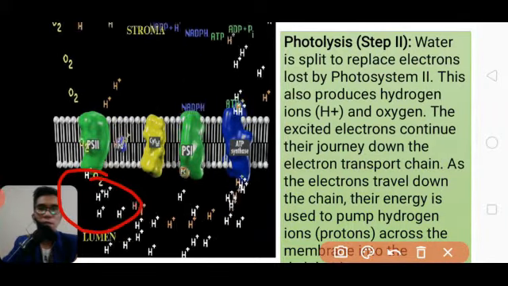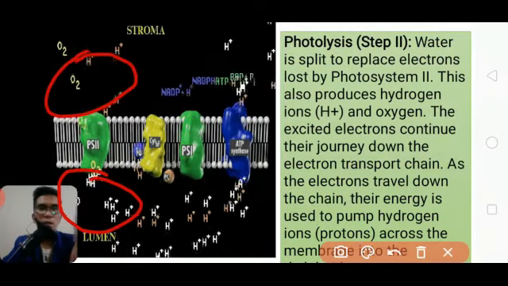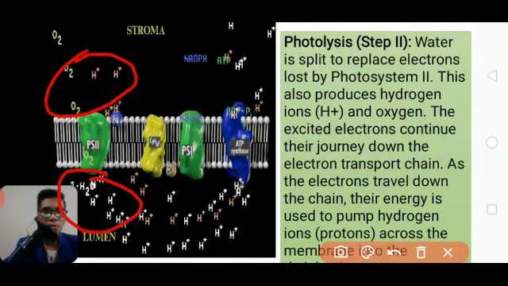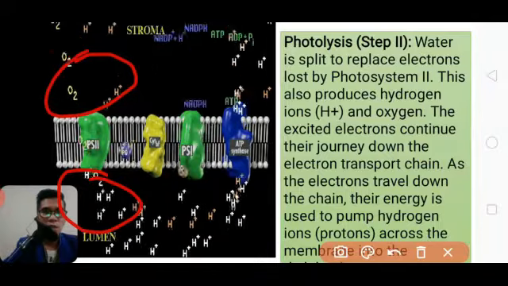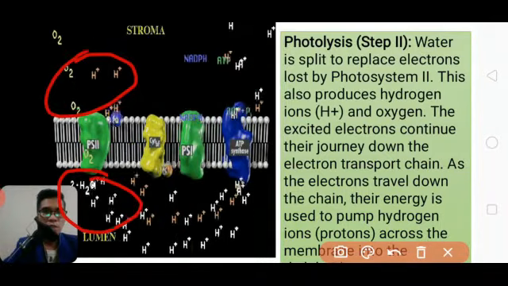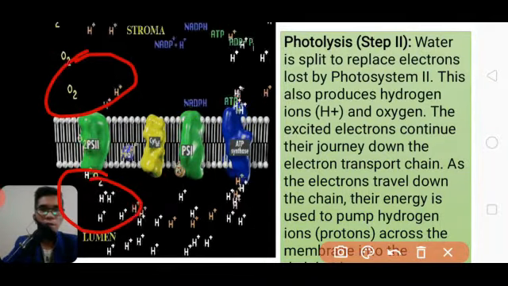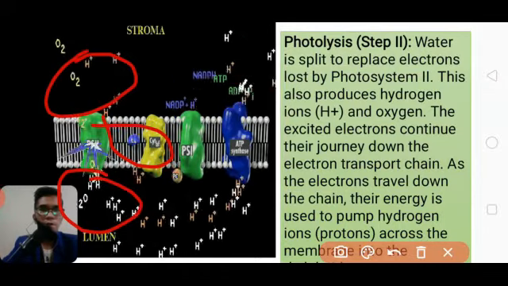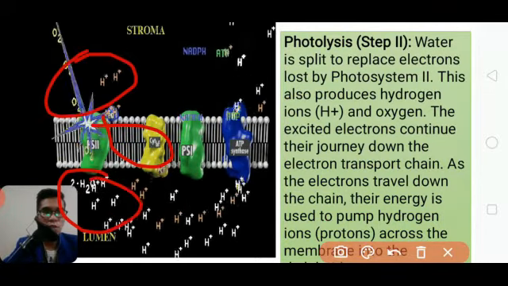The excited electrons continue their journey down the electron transport chain.